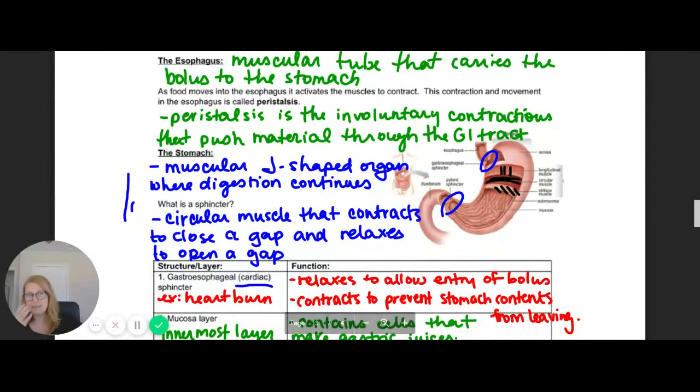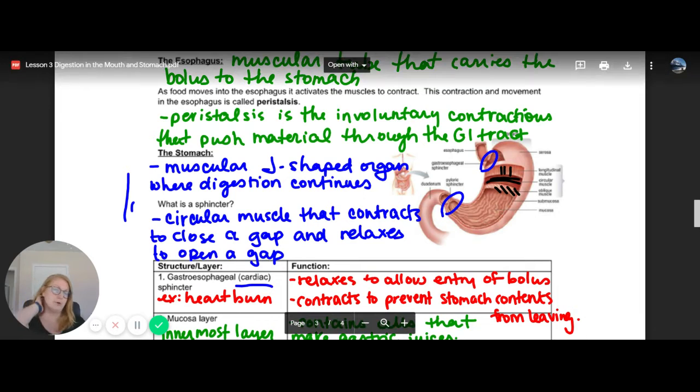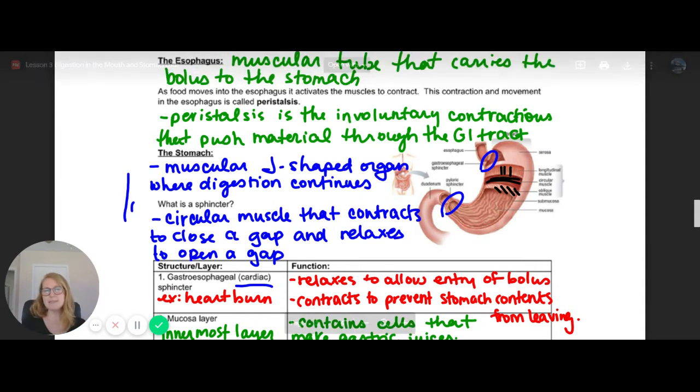So moving on into the esophagus now. The esophagus is a muscular tube and it carries the bolus down to the stomach. Now I want to just reinforce, I've bolded a word here called peristalsis. Peristalsis are involuntary muscle contractions that essentially push things through the digestive tract.